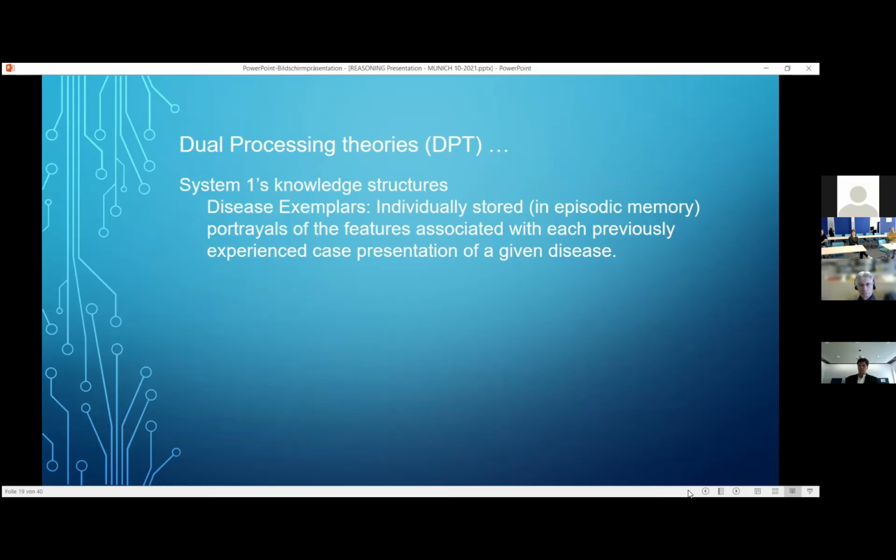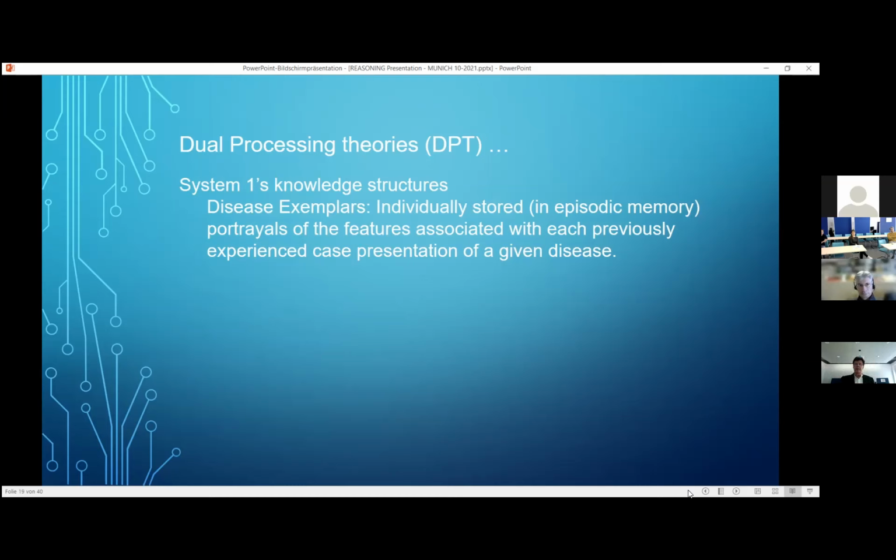And when we have a new patient at the bedside, the theory says that you have a sense of what the patient's signs and symptoms are, and somehow automatically that constellation is then used to retrieve possible best matches. It's automatic, it's not under your control.